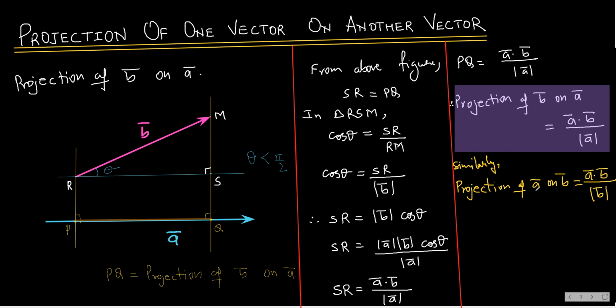If it is on B bar, you need to follow this, mod B bar in the denominator. And if it is on A bar, then mod A bar in the denominator. And what about the numerator? The numerator in either case is A bar dot B bar.